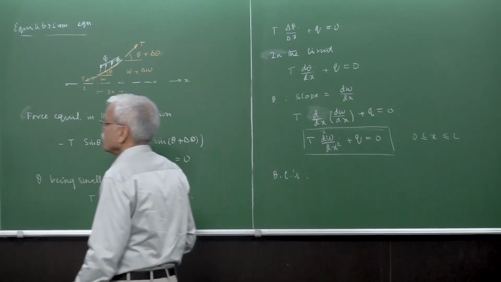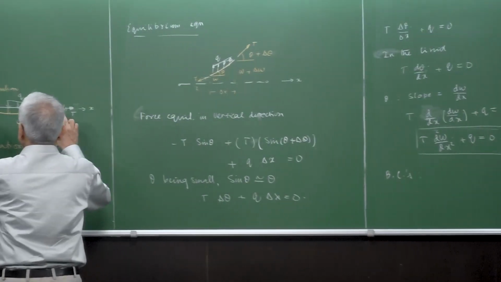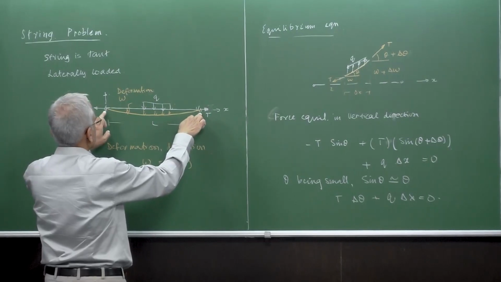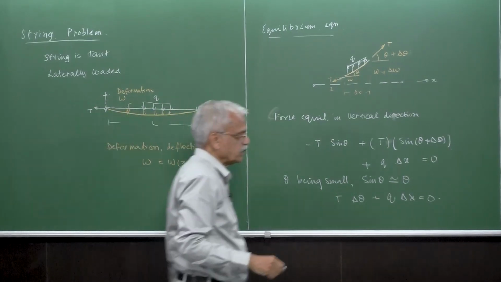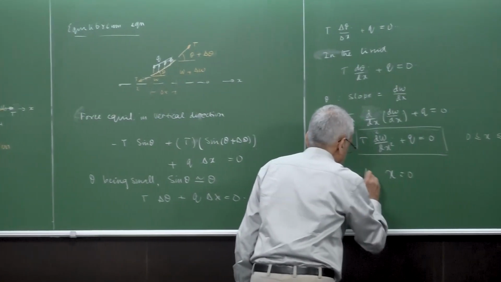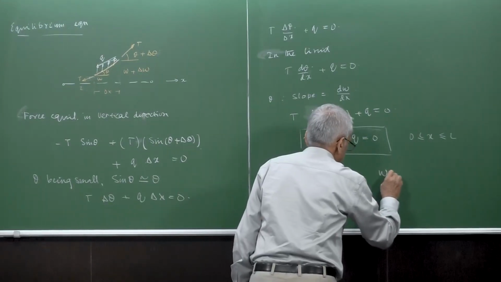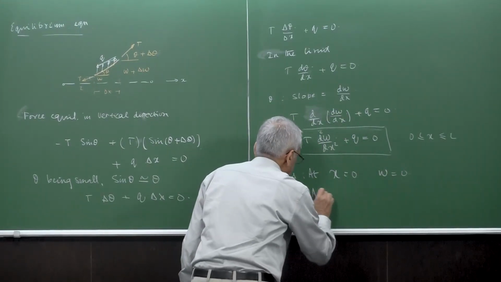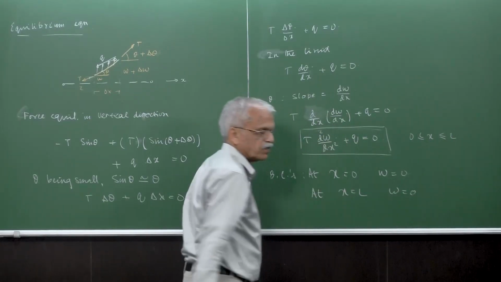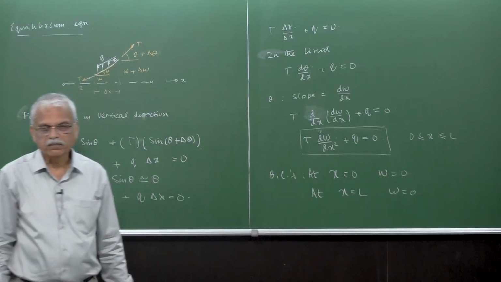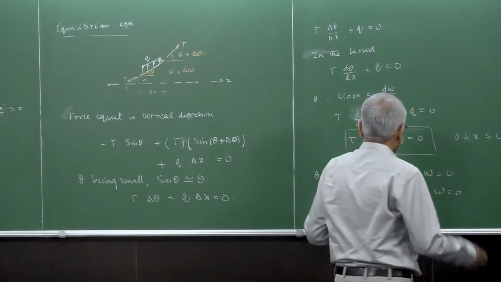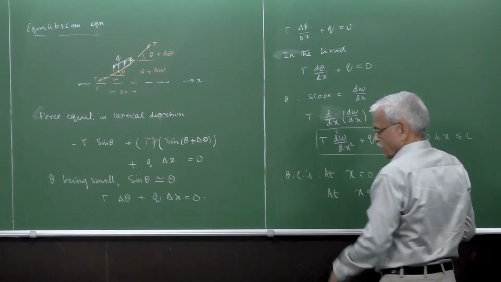If this is the kind of application you have, there is a string here which is supported at the two ends, which means that at x is equal to 0, W is equal to 0, and at x is equal to L, W is again equal to 0. Okay, so this is the typical application of a one-dimensional string. So this is the governing equation followed by this one.